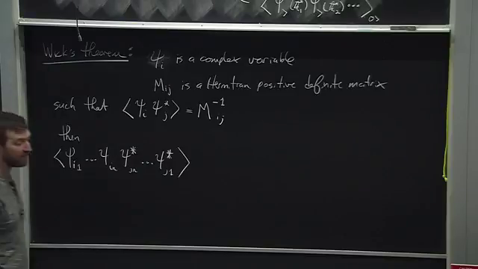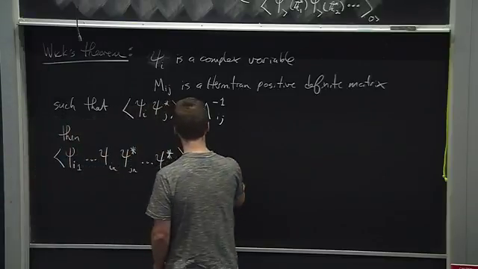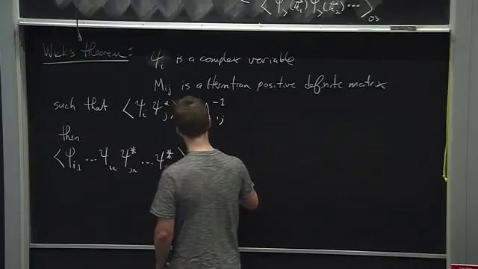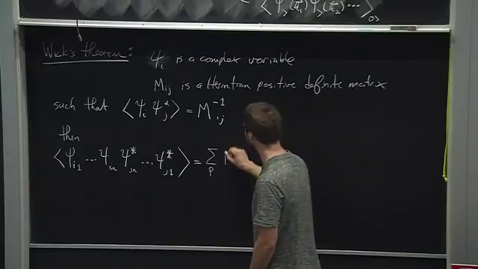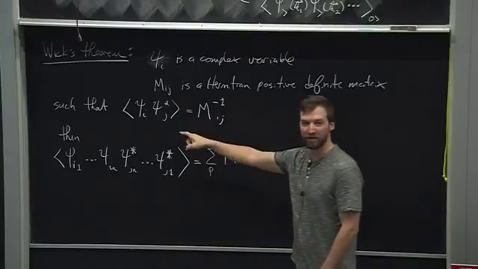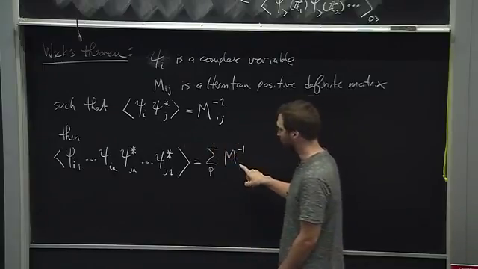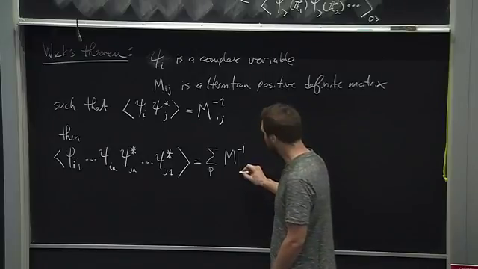Wick's theorem says that you can write that as a sum over all permutations of that 2-point function, if you will. So I'm calling it M, it's a matrix.